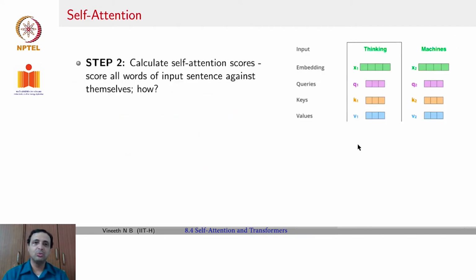So once you get your Q, K, and V vectors for each word in your input sequence, step 2 in self-attention is to compute what are known as self-attention scores, which is the score of all words of the input sentence against this particular word under consideration. So if you had the word thinking, which is what you were processing, you would compare this with every other word in the sequence and compute a self-attention score. How is that computed?